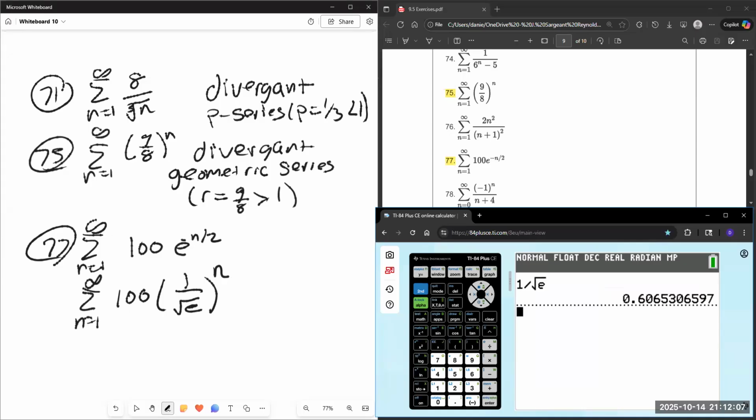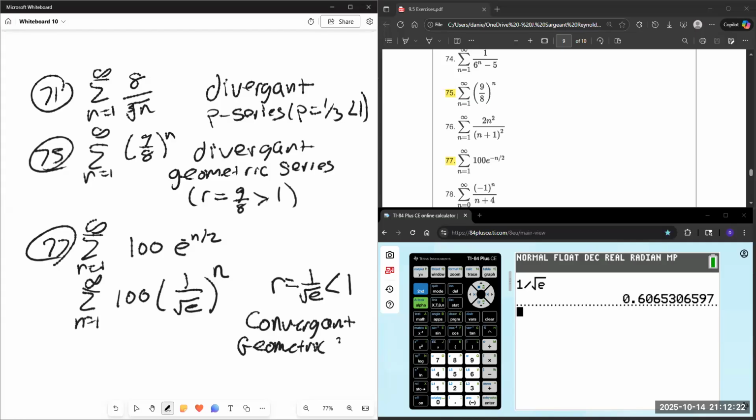So r equals 1 over the square root of e is less than 1, so this is a convergent geometric series. If I wanted to find what it actually converges to, then I would have to say 100 over the square root of e over 1 minus 1 over the square root of e.